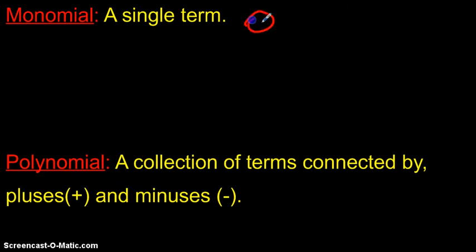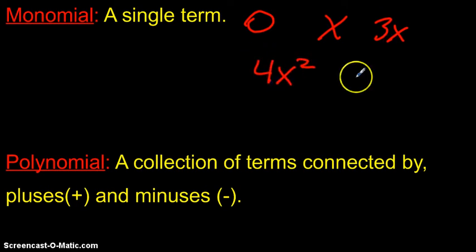So a single term would be 0, or x, or 3x, or 4x squared is still a single term. Then we have 6x to the third, y to the second. That's 6 times x times x times x times y, so it still fits the definition. This would also be a term.